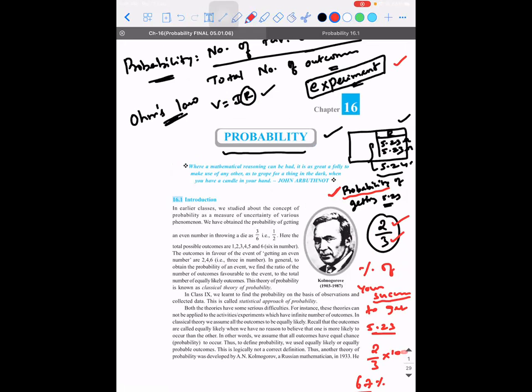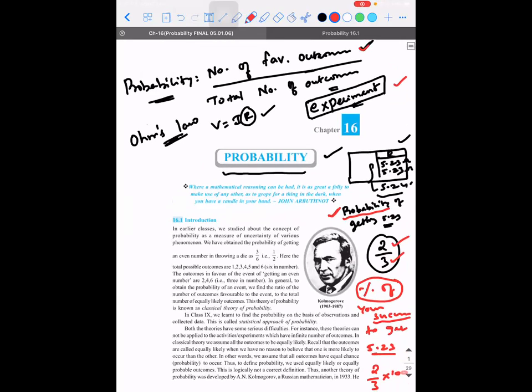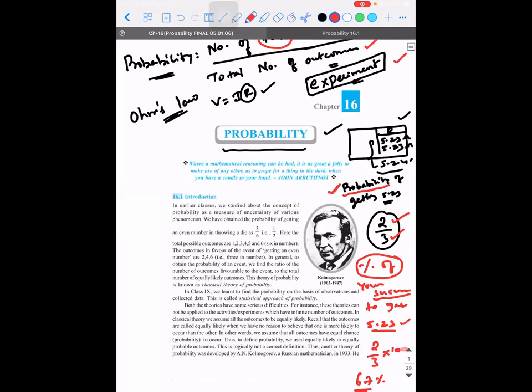If the word percentage is removed, you will have a fractional value, and that fractional value is what is called probability. That is why the definition goes: the number of favorable outcomes divided by the total number of outcomes. Favorable here means in favor of what we require. In the example I gave you, my favor is 5.23.